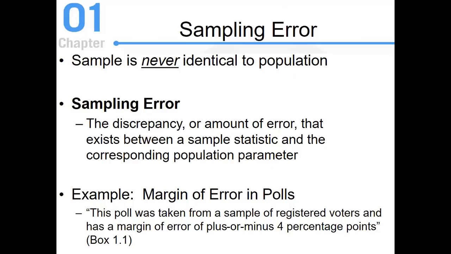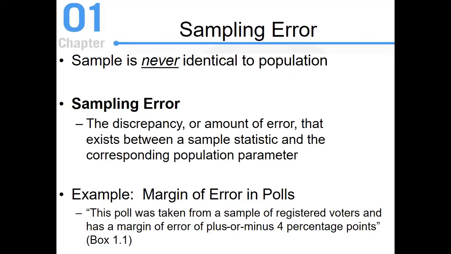And a great example of this is the margin of error that you see in political polls. You may have seen something like this. This poll was taken from a sample of registered voters and has a margin of error of plus or minus 4 points. What that's saying is, we have recruited and studied 100 Republicans or 100 Democrats or 100 independent voters, and we've gotten their responses to the poll.